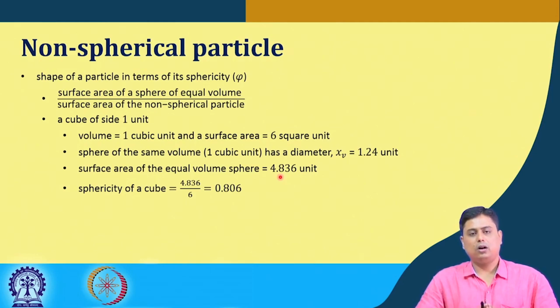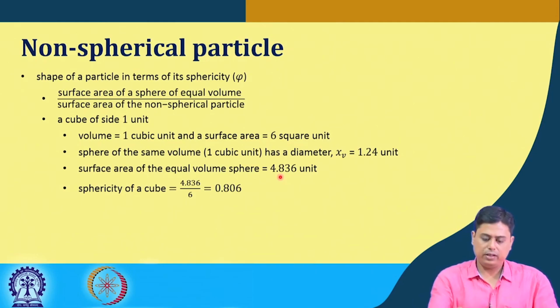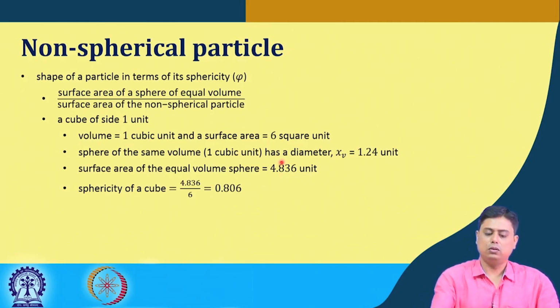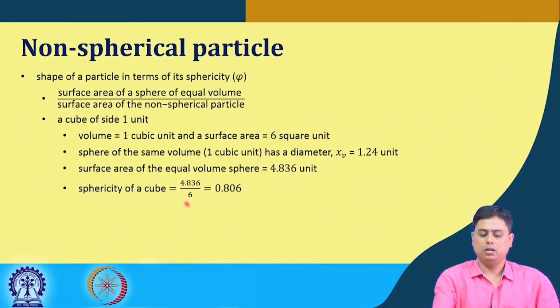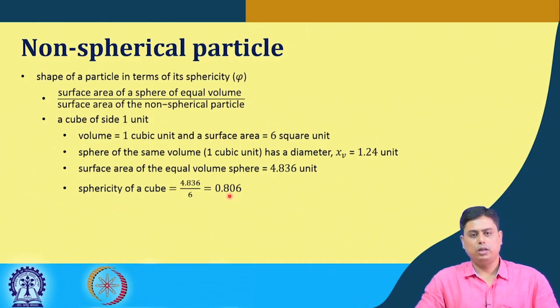The sphericity of the cube is this value, the surface area of the equal volume sphere divided by the actual surface area of the object, which is here 6. So, the sphericity of a cube is 0.806.